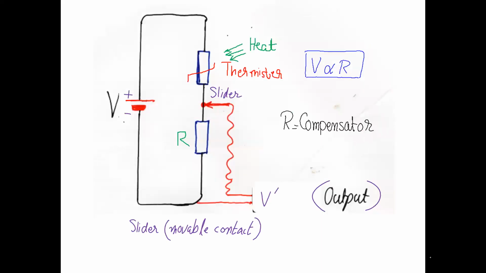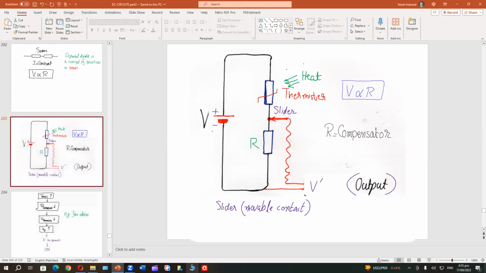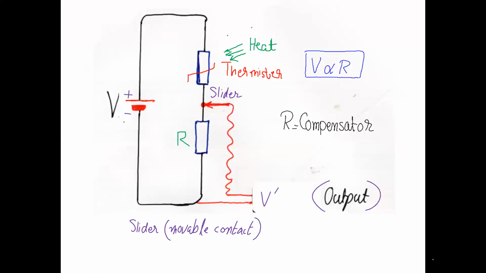Now you have to pay attention to this circuit. It is called a heat sensor. I am using a thermistor in series with a compensator resistor. You have to look at it very carefully. This is a difficult concept. I'm providing heat here. So when the heat is coming on this thermistor, the temperature will increase.